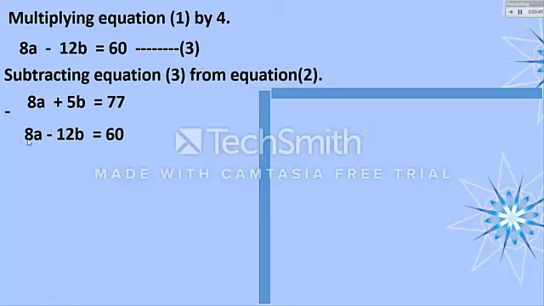Plus 8a becomes minus, minus 12b becomes plus, and plus 60 becomes minus.